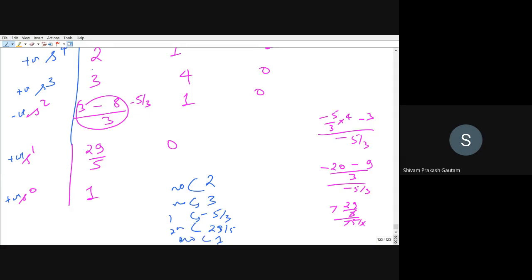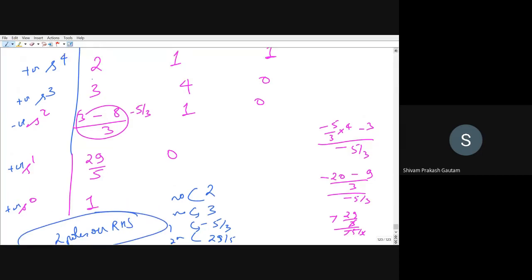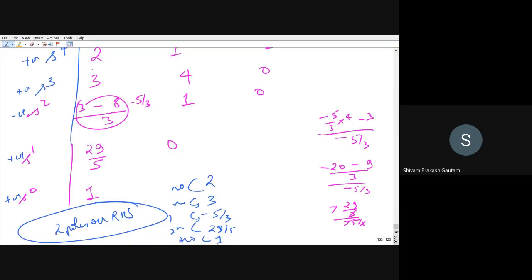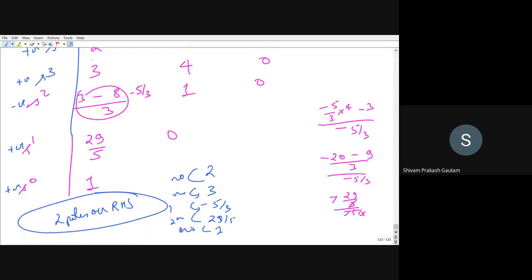So two sign changes are there. That means if there are sign changes in the first column, the system is unstable, and two sign changes mean two poles are on the right hand side. So from both Nyquist as well as Routh-Hurwitz, we have calculated that the system is unstable and exactly two poles are lying on the right hand side.